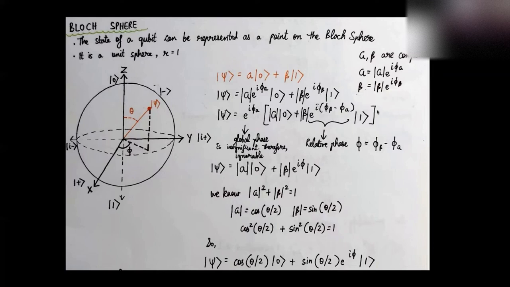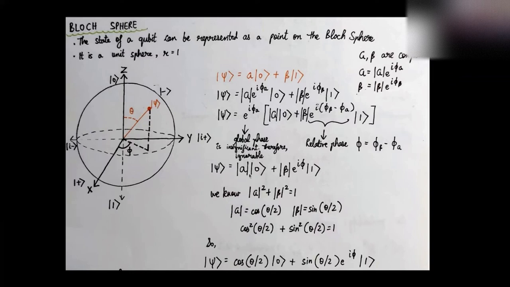But the relative phase you're getting over here by taking this term common, which is i times phi beta minus i times phi alpha, cannot be ignored. Why? Because this is like the relative position. Now, in the race, the distance between two people is the relative distance between them, and we cannot ignore it, because that will affect who the winner of the race will be.